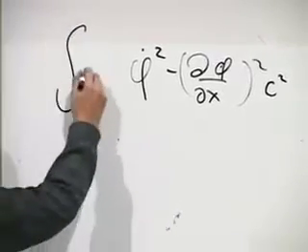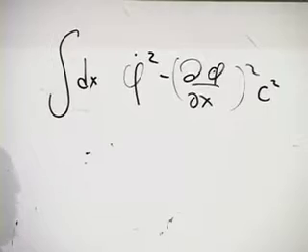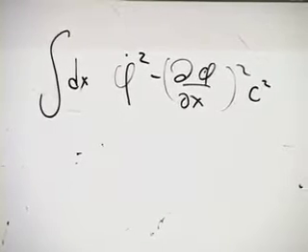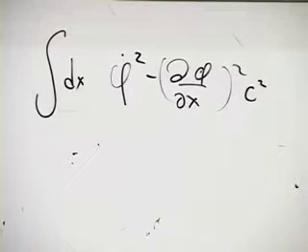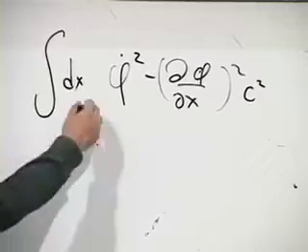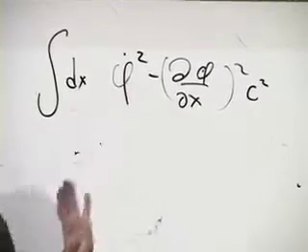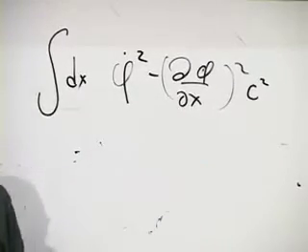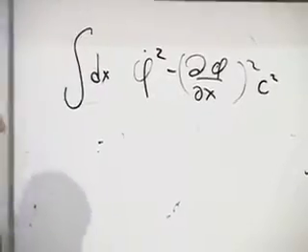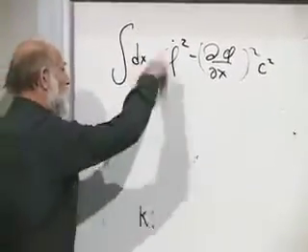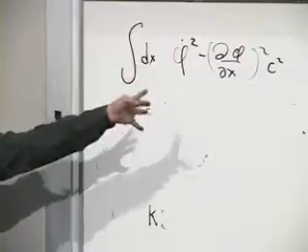Strictly speaking, the Lagrangian is the integral dx of this, well, d3x. But this is the simple case for a one-dimensional string. I just don't feel like writing the remaining terms.